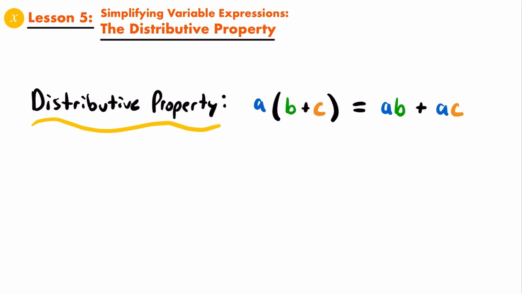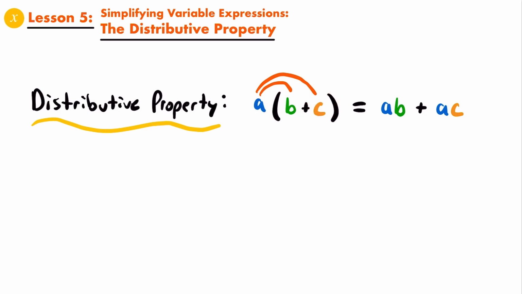Everything that you see between these two parentheses, both b and c, get multiplied by a, right? We have a times b, which gives us this term of ab, and then we multiply a by c, and that's how we get this second term. We have plus ac.